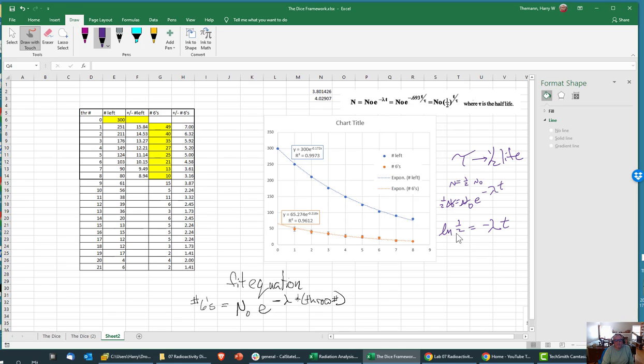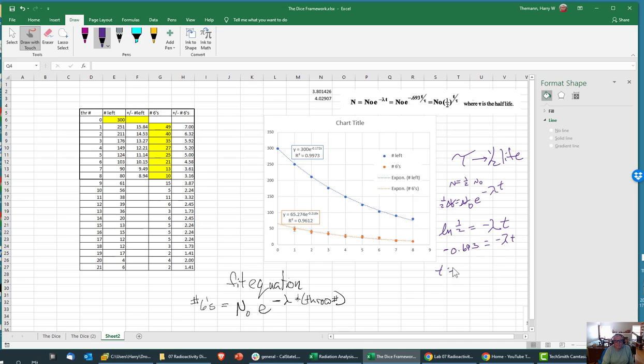And it turns out that the natural logarithm of 1/2 is minus 0.693. And so then the t of 1/2 becomes, and it's minus, and that's important because we need the minuses to cancel out.